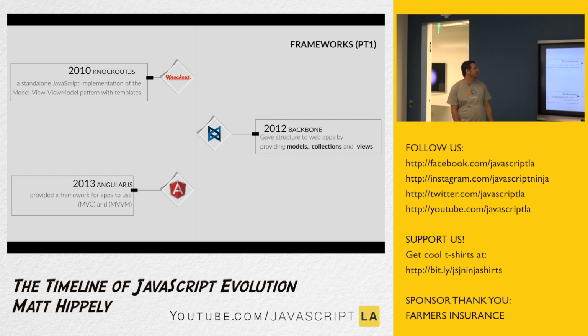The first one I heard about but never really got deep into using was something called Knockout.js. I believe it was used or came out of Microsoft or a Microsoft-related project, and it pioneered this idea of model view, view model pattern, a design pattern.